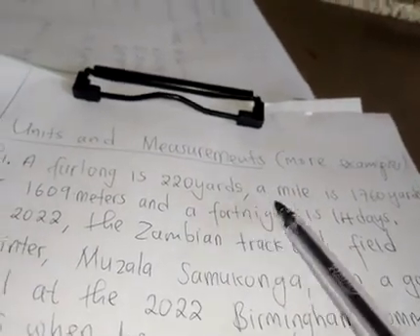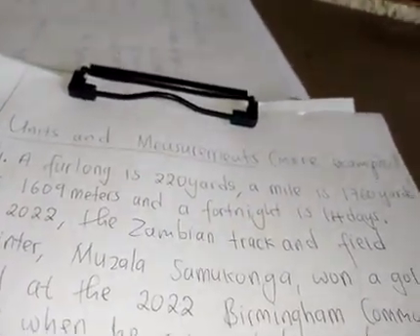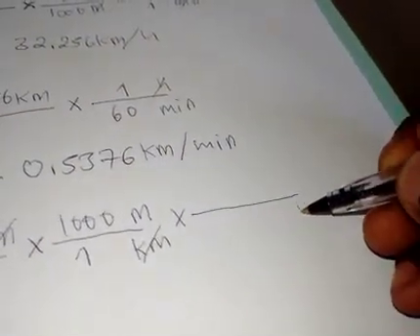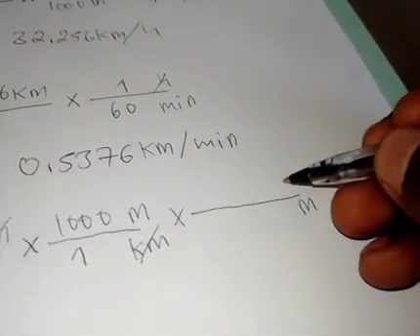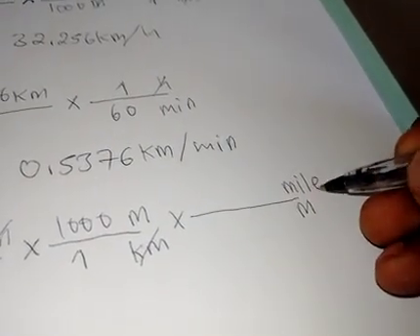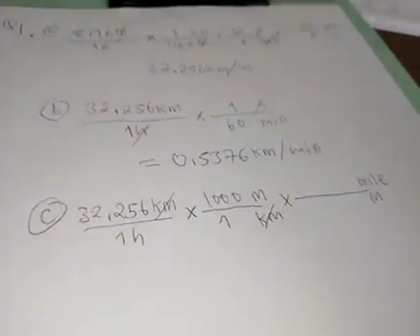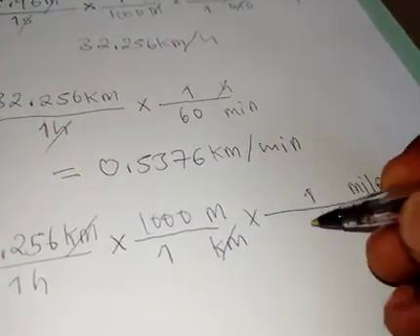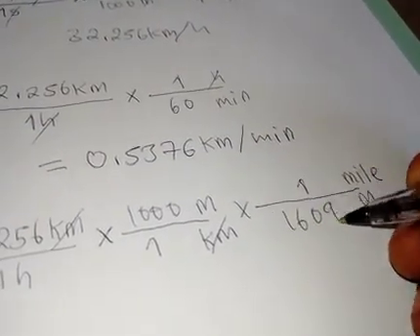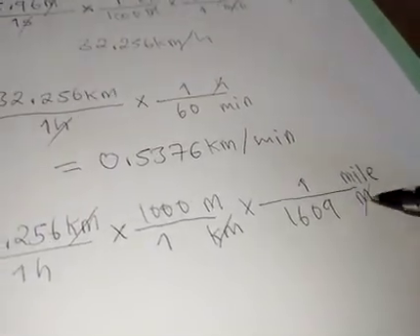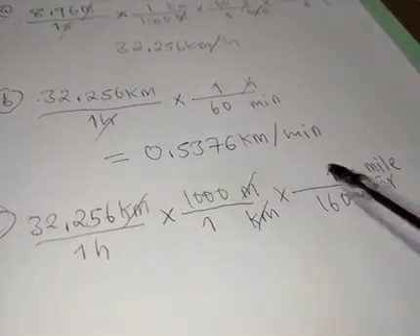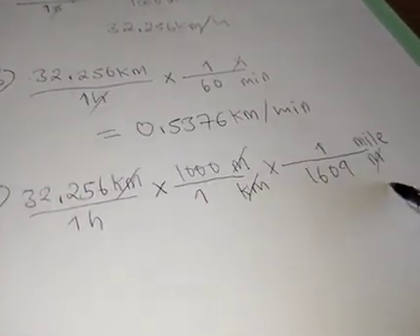The conversion factor is a mile is 1609 meters. We want to get rid of meters, so meter and meter cancel, with mile on top. 1 mile is 1609 meters, so meter and meter disappear. Just multiply what we have on top over what we have down there.